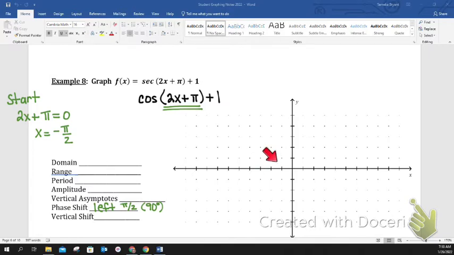If I'm counting by 45s, this will be 45, and this is negative 90. So that's my start, and I just like to mark that so I know that's the start of my wave, because it's a pattern. I just need to figure out where to start my pattern. So I'm starting the pattern right here.